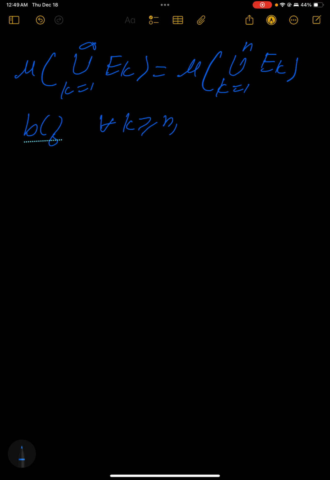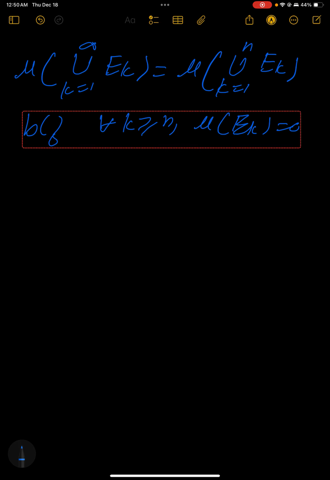This is the measure of the union of E_k, k equals 1 up to n, because for all values greater than n, the measure is 0.